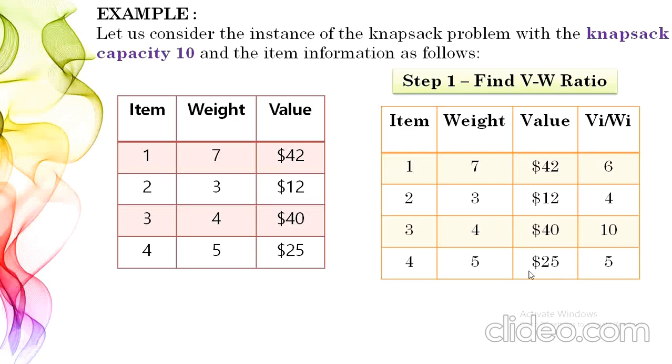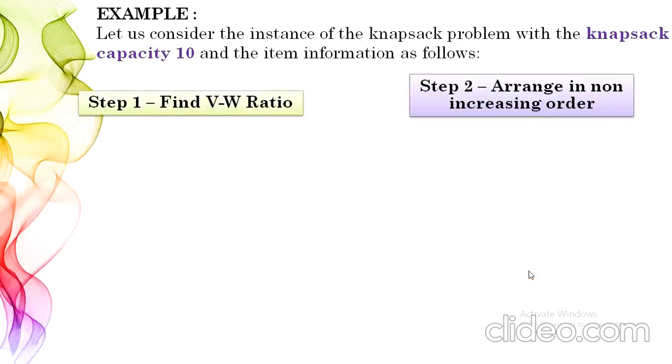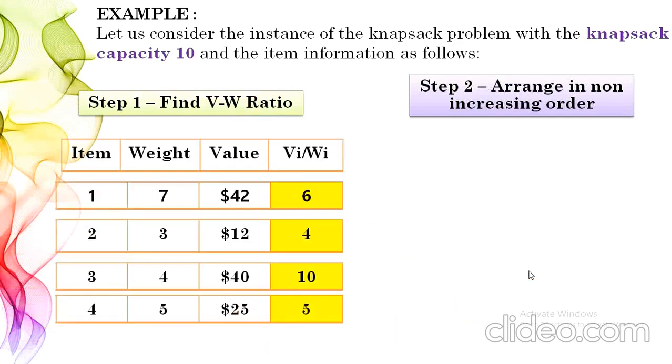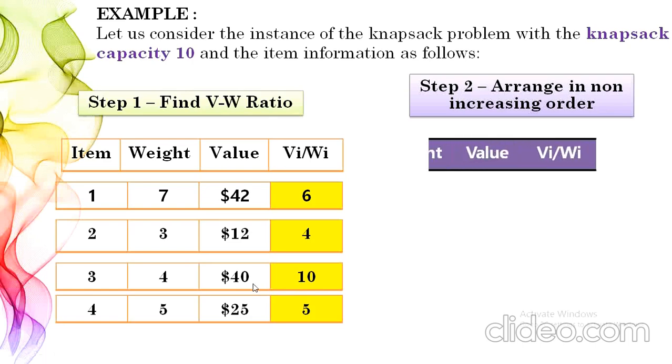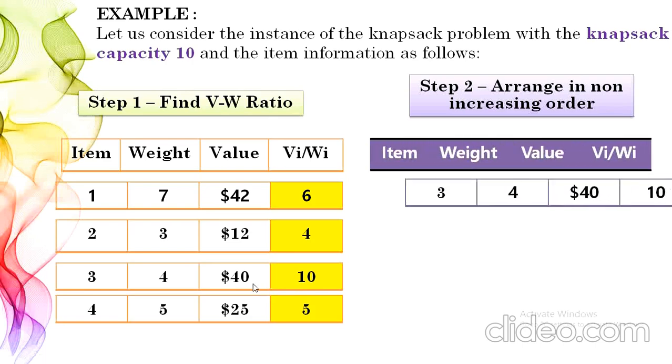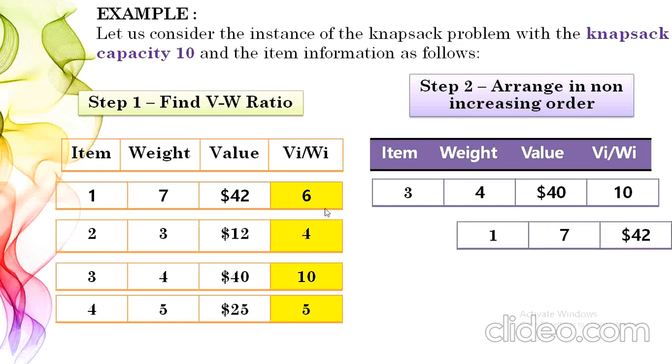After computing the value weight ratio, what do we need to do? We need to sort, arranging in non-increasing order. The maximum ratio is 10, so the third item will be placed in the first position, and the next maximum ratio is 6, so the first item will be placed in the second position.